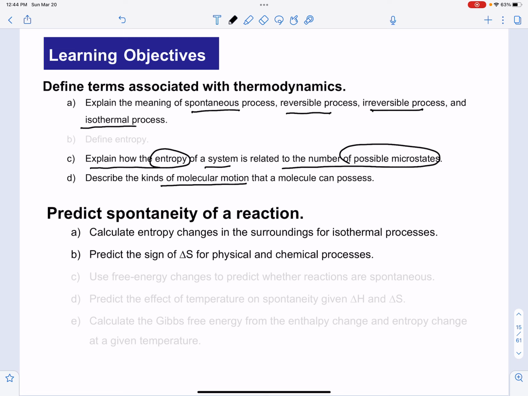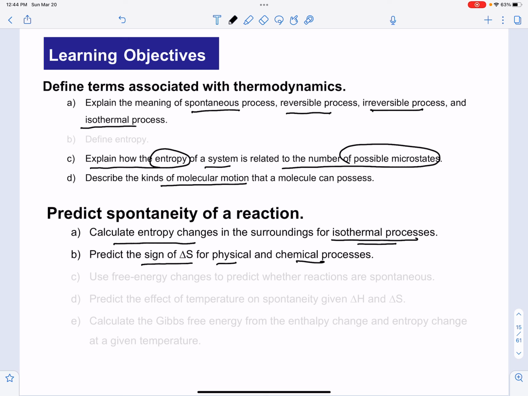Once we do that, we're going to see how we can calculate the entropy change of the surroundings when the temperature is constant. And we're going to see how we can predict the sign of delta S for physical or chemical processes, which we already did a little bit when I was talking about gases moving faster compared to the solids or the liquids.